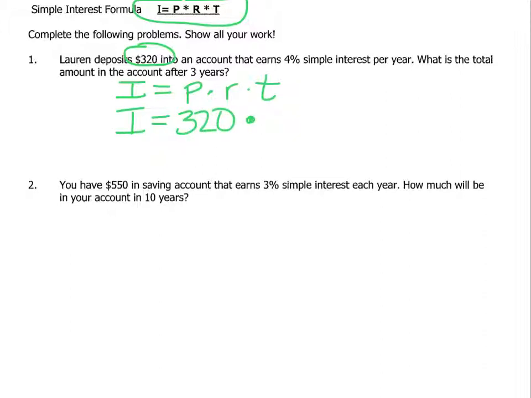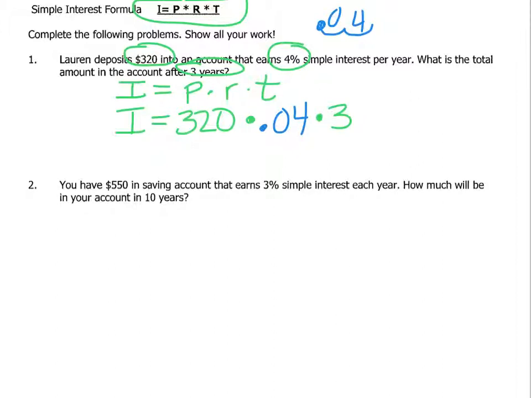The rate is the percentage, which is 4%, but we have to convert that percentage to a decimal. So 4% converted to a decimal, we move the decimal back 2 places, is going to be 0.04. So that's the rate times time, which in this case is 3 years.